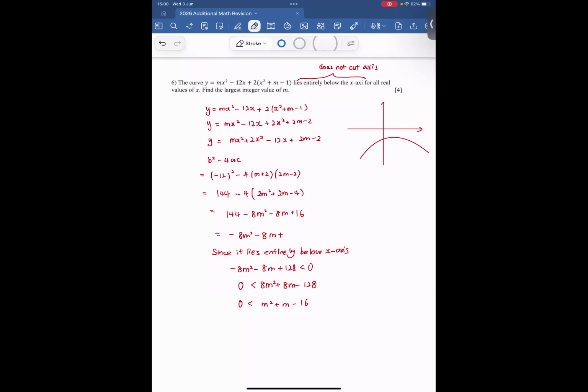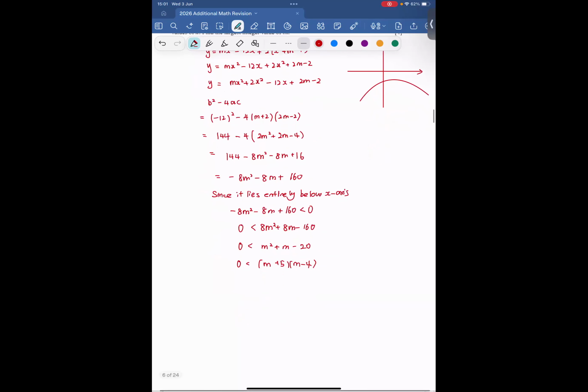This is 160. So how I know I did it wrongly is because it cannot be factorized. Normally, it can be factorized. Okay, then after that, because this is a quadratic inequality, you have to factorize, then see from your graph. Okay, then draw your graph.